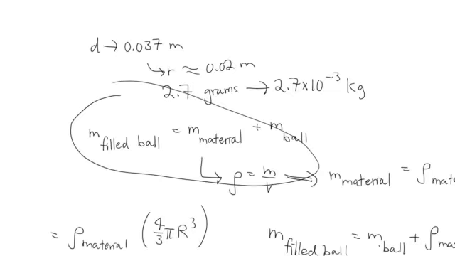So if we're going to do the neutron star first, so let's say neutron star ball, well that would just be the mass of the ball, which in either case is 2.7 times 10 to the power negative 3 kilograms plus, and it gave us the density, which is 10 to the power 18 kilograms per cubic meter times 4 thirds pi times 0.02 meters, which is the radius cubed.